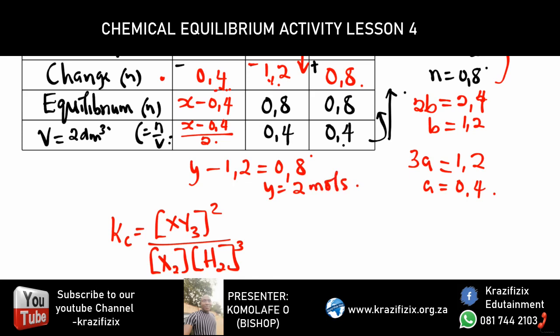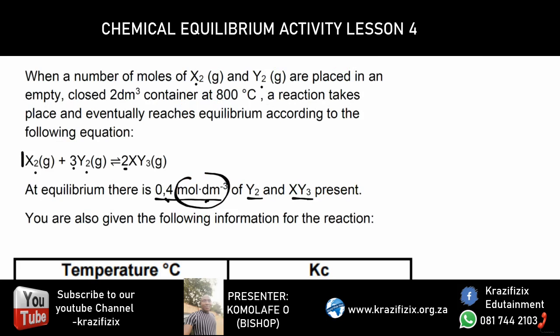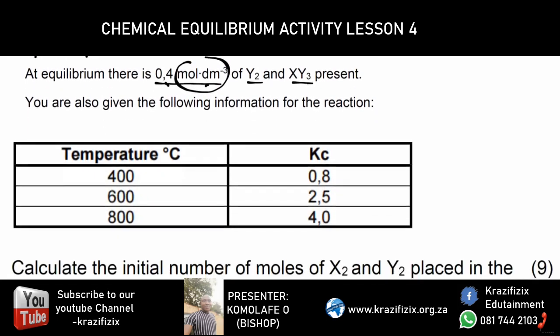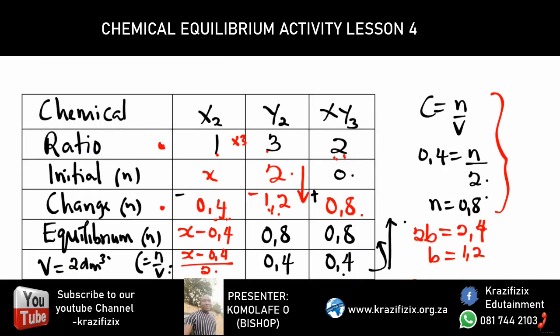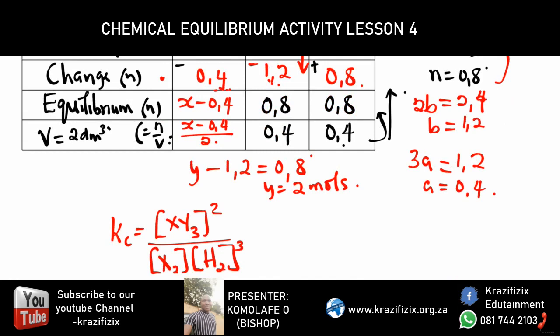All right, then I go to my table. You can pick any of the values. We would get the same answer. All right. So let's just pick the first one. At 400, I have 0.8. Kc value is 0.8. So I'm going to substitute there.